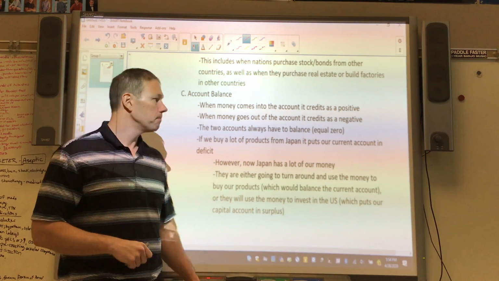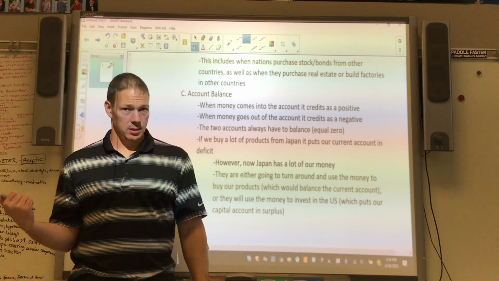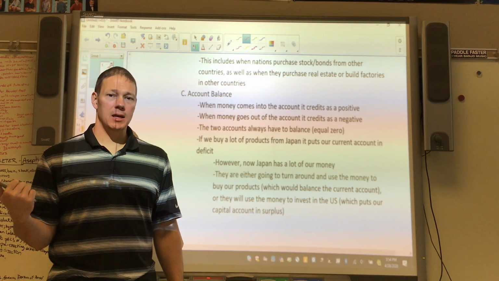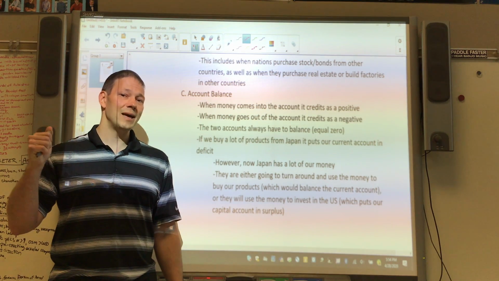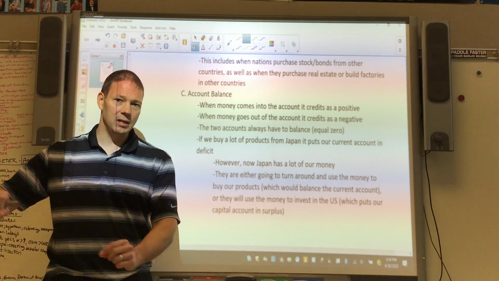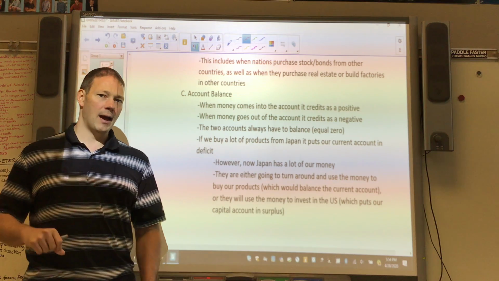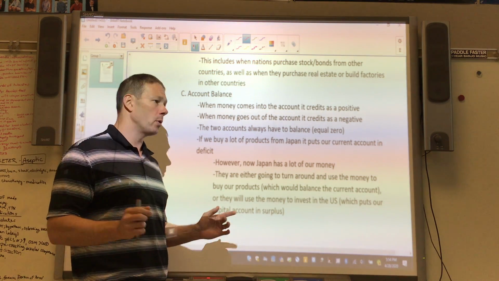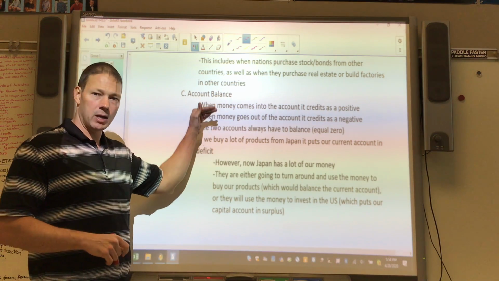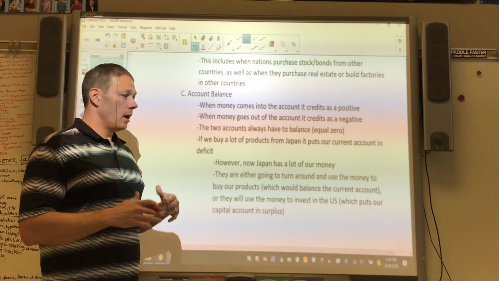Because money comes in. When money goes out, it gets credited as a negative. So when we buy something from another country, or when we invest in another country, money leaves our country, and that account, whether current or capital, gets credited with a negative. Okay, so that's another important thing. Make sure you know how to credit each account. Now, here's the rule.